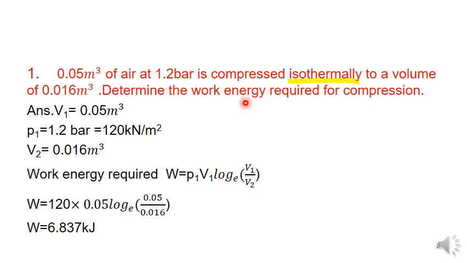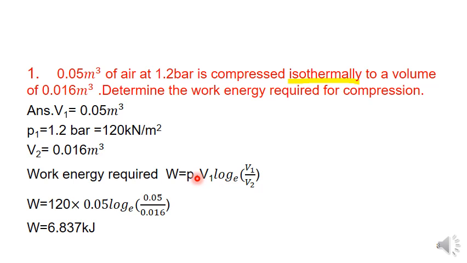The process is an isothermal process. For the isothermal process, what is the work energy required formula? W is equal to... in the data they gave the volumes V1 and V2, so we write the equation in terms of V1 and V2. If the problem mentions the pressures P1 and P2, write the equation in terms of pressure. But in this problem they gave the data in terms of volume. So I am writing the expression as W is equal to P1 V1 log V1 by V2. Here it is the natural log; in the calculator we have to use log base e.